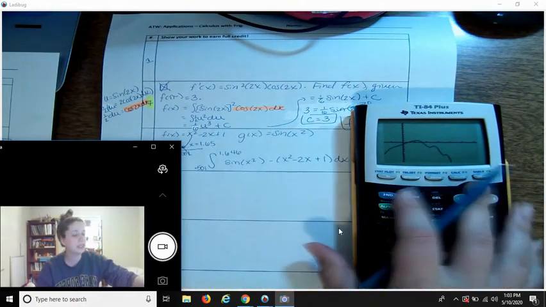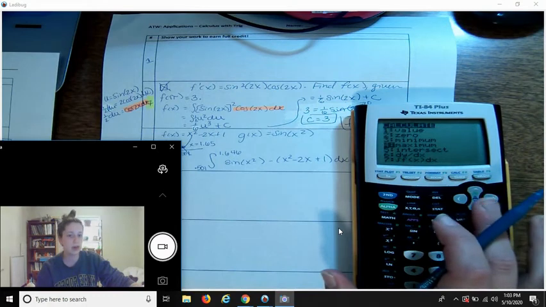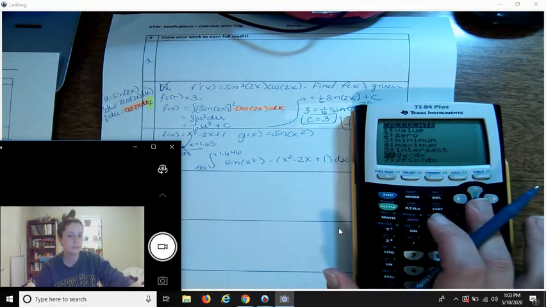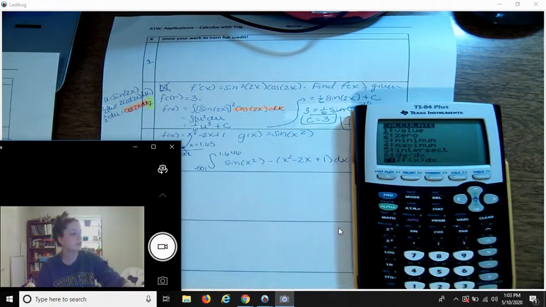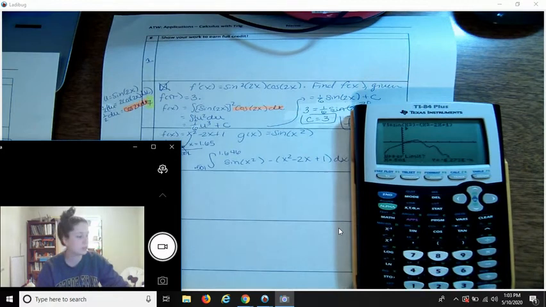So now we're doing second trace to get our calculate function, going down to the 7th option to do our integral. Our lower limit is 0.501. Our upper limit is 1.65.